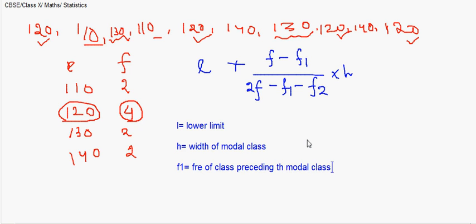Similarly, F2 will be the frequency of the class following the modal class. Okay, and F, which I also missed, is the frequency of the modal class.